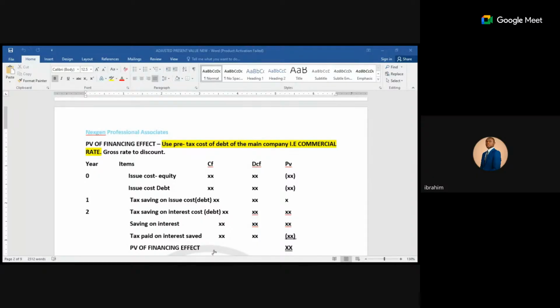I gave a practical illustration to that in our previous lecture, a case study of UBA. As an existing shareholder, you can decide to exercise your rights, or you do nothing, or you sell part of the rights. If time permits us, we'll take that part of the sources of finance.